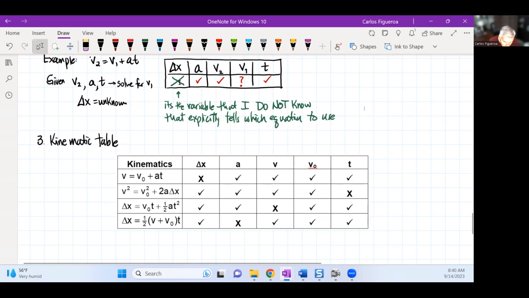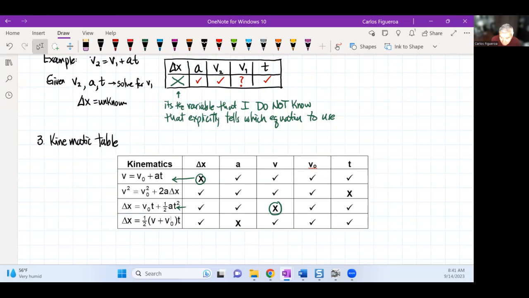I immediately look for what's the variable that I don't have. I don't have x. So this guy right here tells me right away that this is the equation that I use. Look at this. If I don't have the final velocity, then this is the equation that I choose right there. This is what's guiding me to how to pick the right equation. It's this process right here.